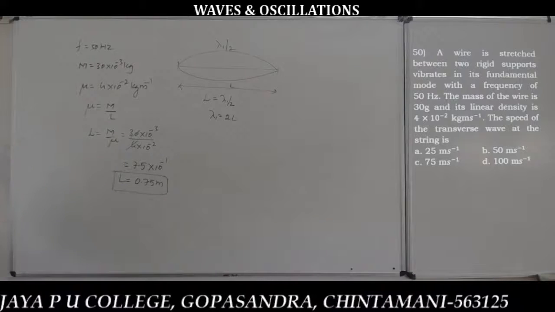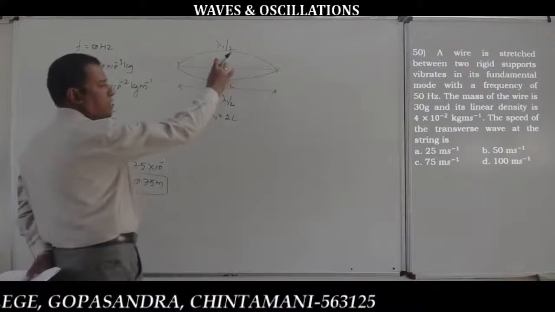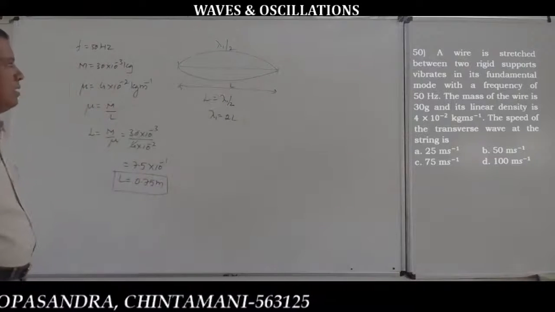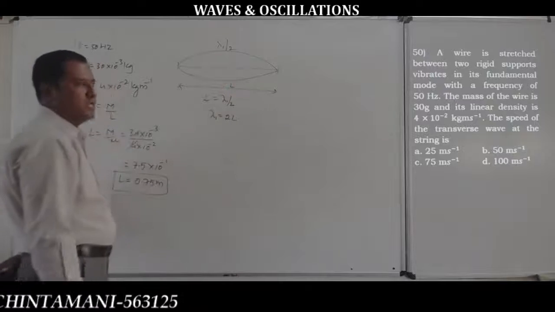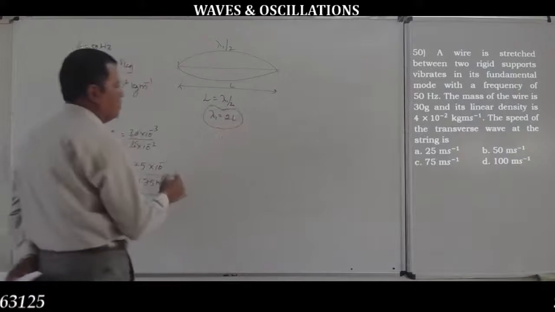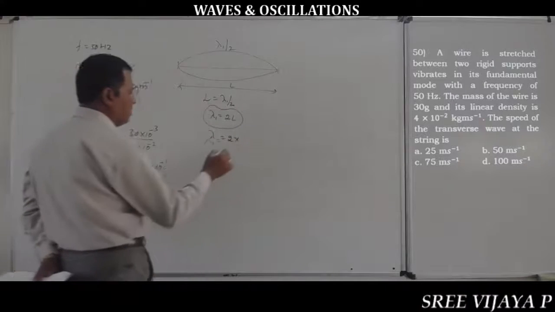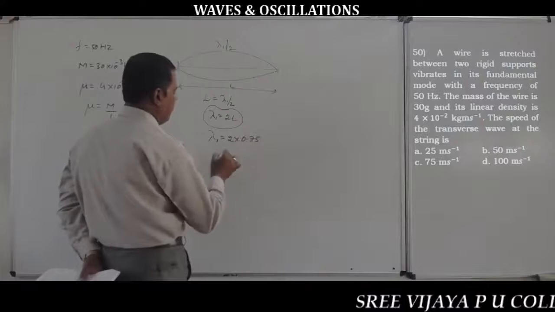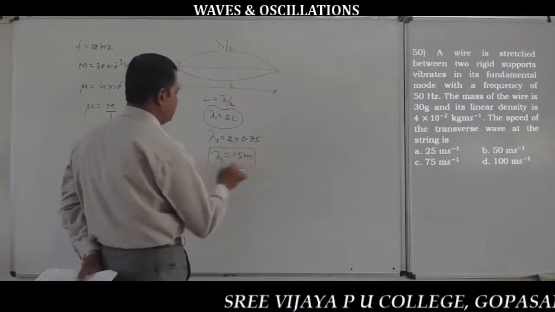That is the fundamental mode of vibration of a stretched string in its lowest possible mode, with the formation of a single loop or segment. Therefore lambda 1 is equal to 2 into 0.75, so we get 1.5 meter. That is the fundamental wavelength.